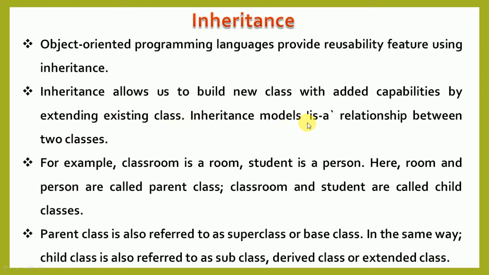Inheritance is a relationship between two classes. For example, a classroom is a room, and a student is a person. Here the room and the person are called the parent class, and the classroom and the student are called the child class. The parent class is referred to as a superclass or base class. In the same way, the child class is also referred to as a subclass, derived class, or extended class.